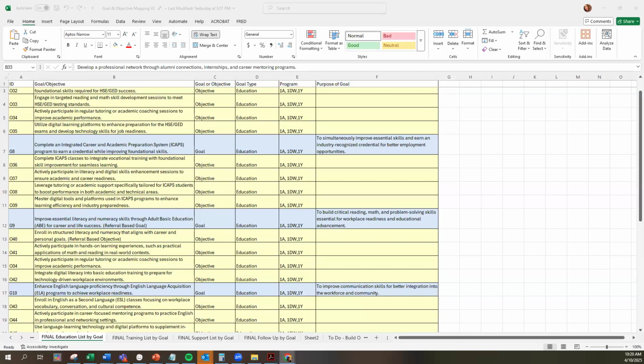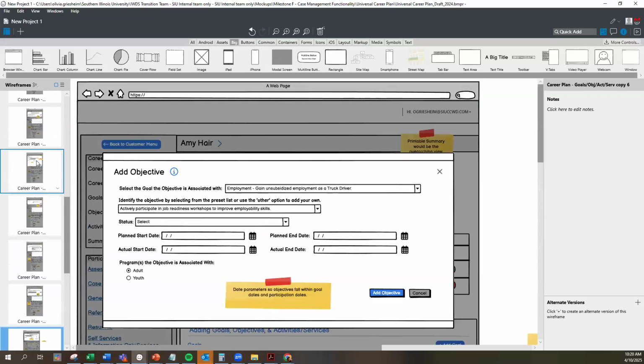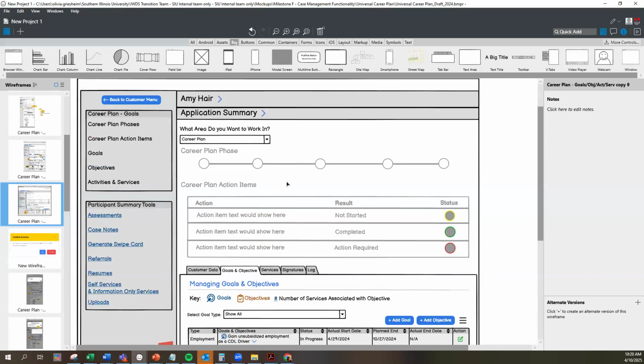So we'll have prompts in the system to make sure you're setting the minimum required. We're going to require at a minimum they have an employment goal for adult and dislocated worker, or for youth, employment or education. And then we can add other things in. So if we see training services being added, we can prompt, hey, you should have a training goal.